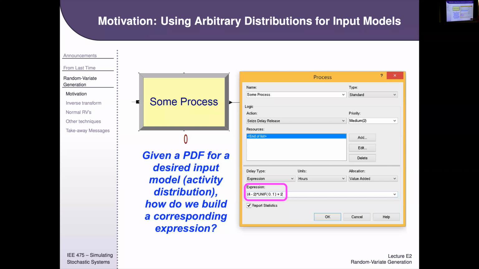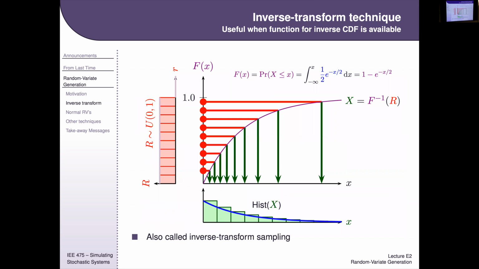This expression down here, 4 minus 2 times unif(0, 1) plus 2, we've already learned how to do back in the Monte Carlo lab. That's the formula that gives me a uniformly distributed random variable between 2 and 4. But how do we come up with those expressions in general for any distribution? That's what we're doing today, and it is also the subject of that homework that's out, D2.